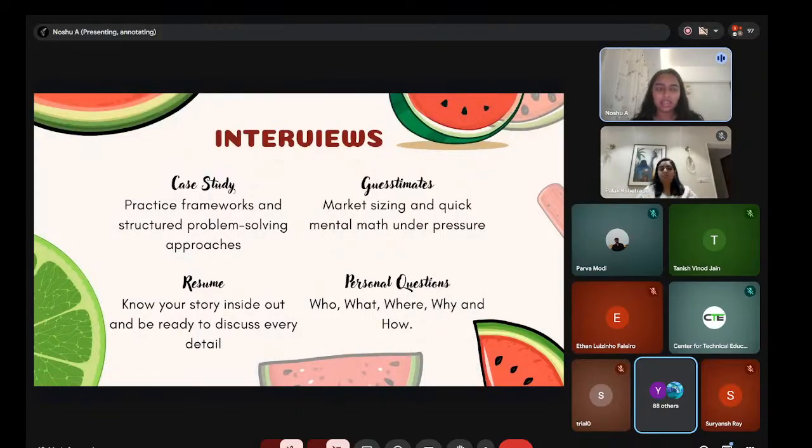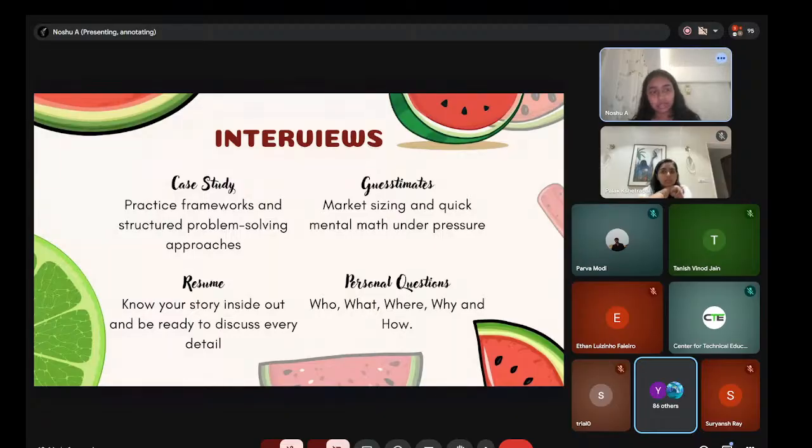In case studies, there are frameworks and different types of cases: profitability, market acquisition, merger and acquisition, and unconventional cases. There is a lot of material on it which you can practice, and you pair up with your buddy and do it.